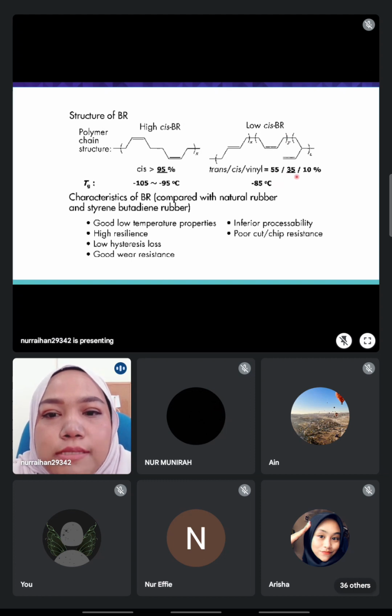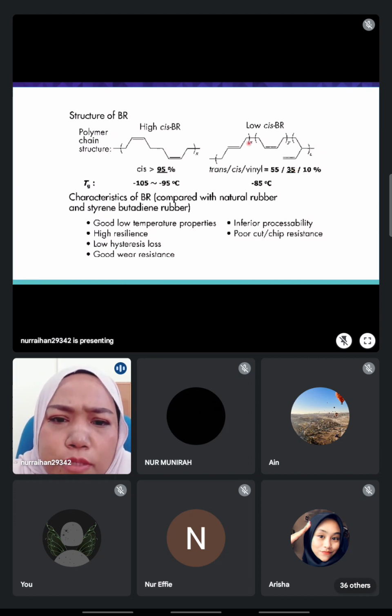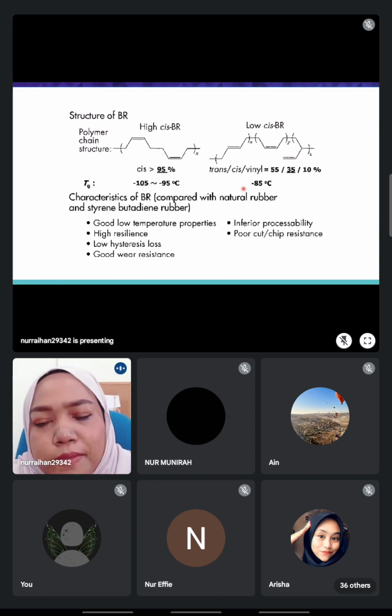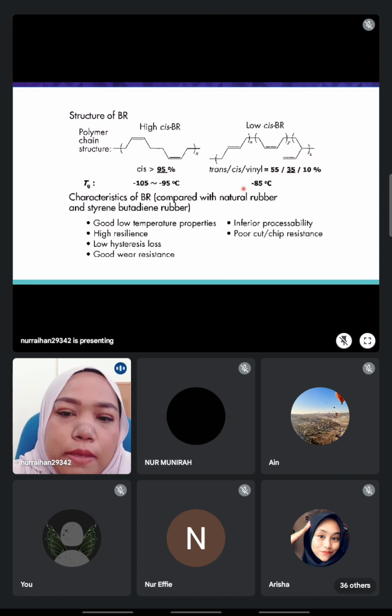So kalau you lihat kat sini, dia punya cis content dia hanyalah 35% sahaja. But for this butadiene rubber, you can see that the TG is slightly different. Macam ni you lihat ada beza sikit antara TG, tapi dia punya jarak tu tak terlampau jauh. Tetapi kalau you nak gunakan melting temperature bagi high cis BR adalah lebih tinggi berbanding dengan low cis BR.